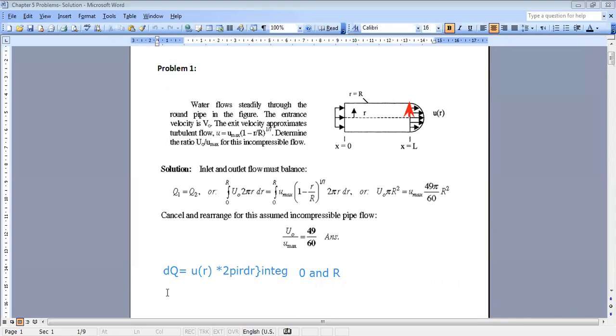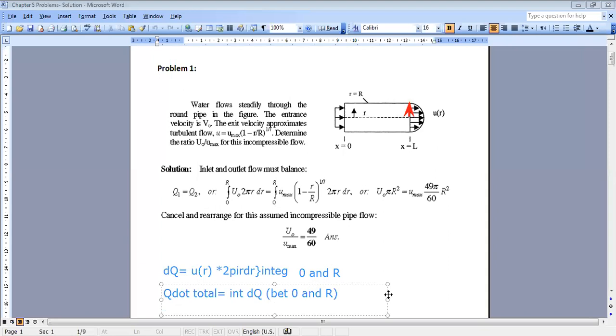Okay, so I can say that q total is the integration of dq. So q dot total is equal to the integral of dq between 0 and R. And now, to be able to integrate, I will replace u by its function of r.